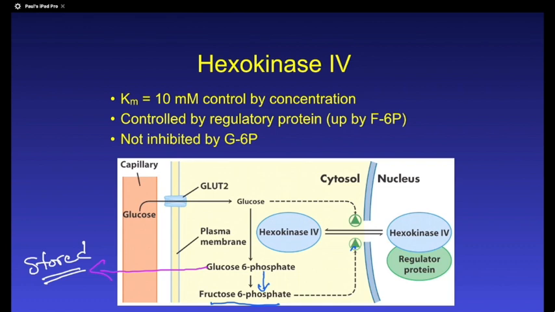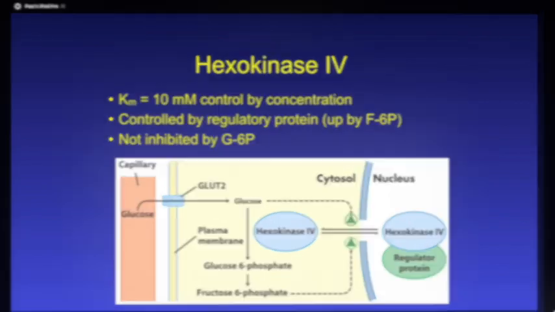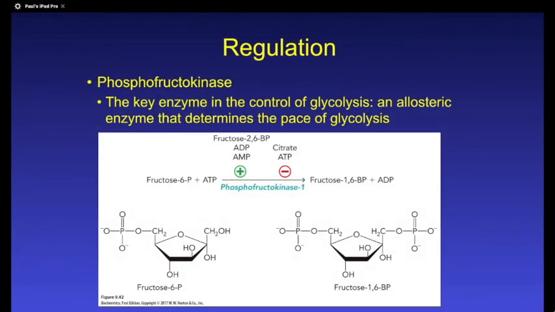So there's an extra layer of regulation for the liver and glucokinase, or version 4. Hexokinase is the starting material, and if you don't have the starting material, you can't go down the pathway, so that's an important one.